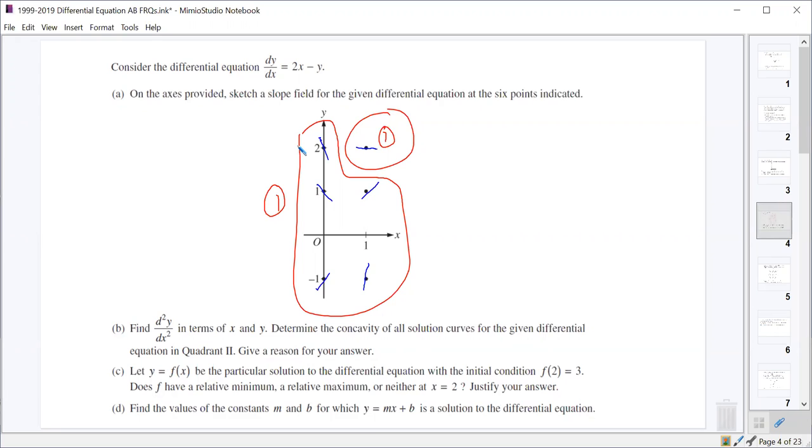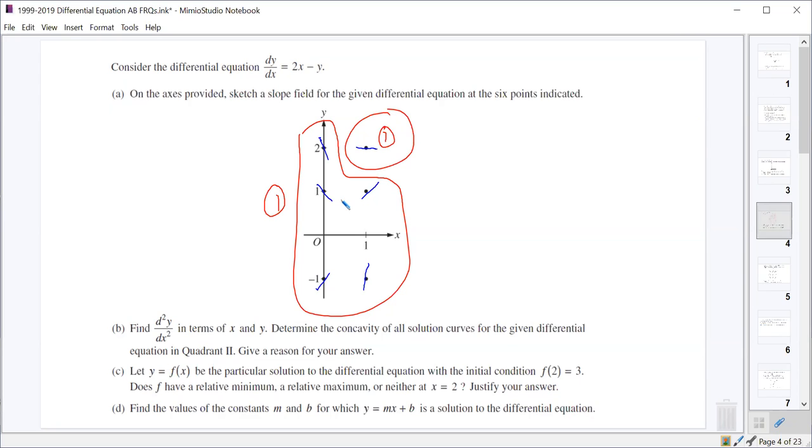Your slope of 1 shouldn't look like this or like this. It's got to be pretty close to 1. But they're not going to get out a ruler and measure your line to make sure that it rose exactly the same amount that it went to the right. Pretty close is good enough.